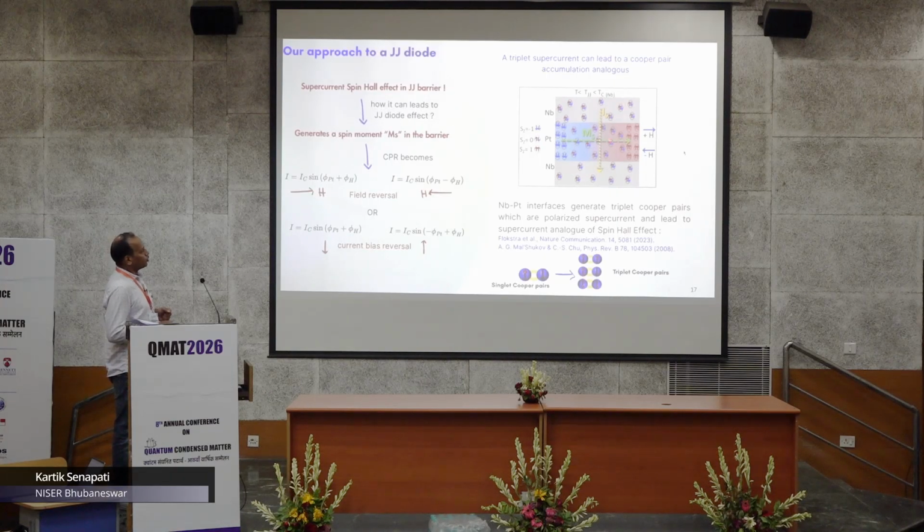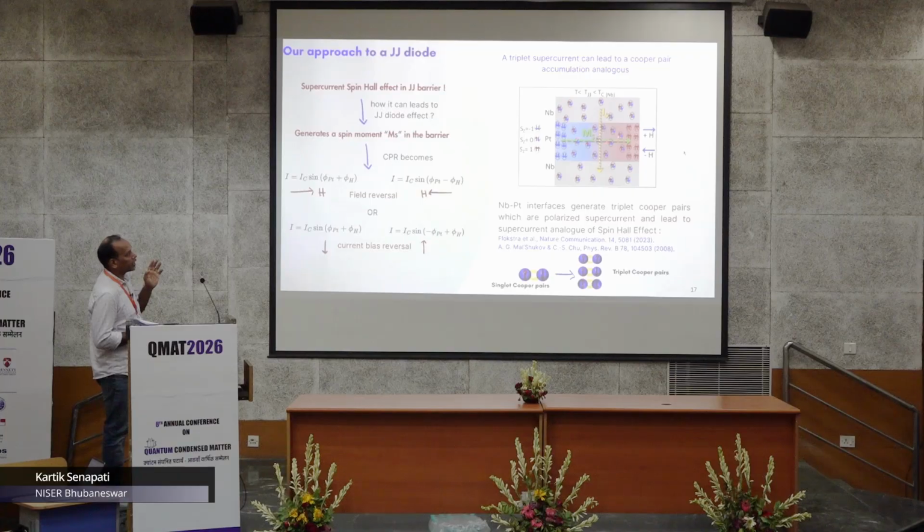And if you have such a separation of up and down pairs, which are polarized, you can expect some spin moment. This spin moment will add something. As I said, the current through this junction depends on the Josephson relation, which is phase dependent.